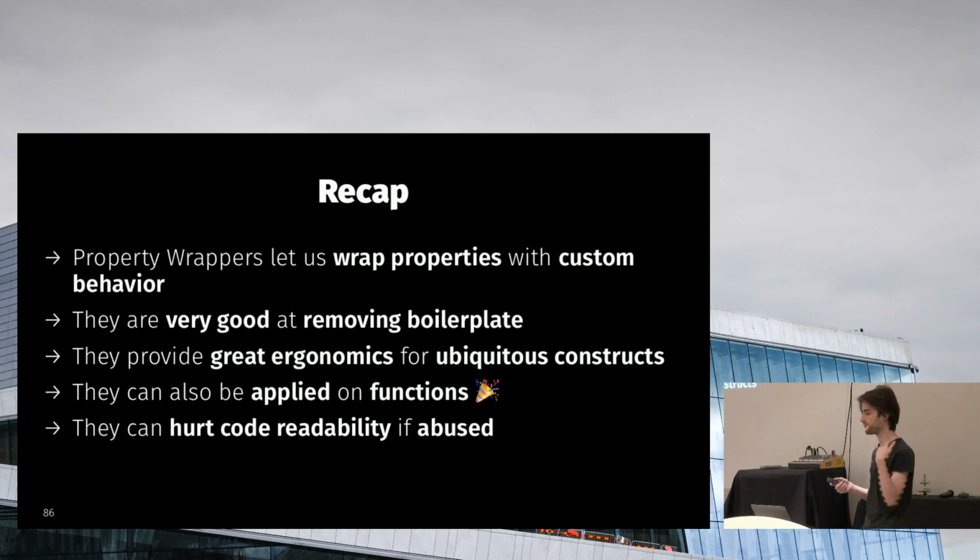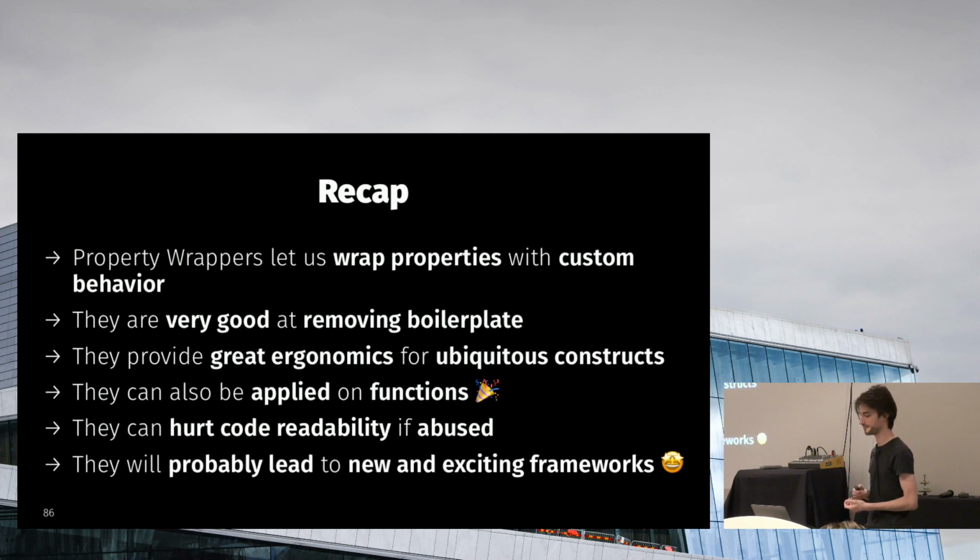And if I go back to the code 1 week, 1 month later, am I going to understand what this property wrapper does? If the answer to both of these questions is yes, then property wrappers are going to help you. If it's no, maybe you should either just use a struct and make the explicit calls to a computed variable, or maybe use another solution, because property wrappers can hurt your code if you abuse them.